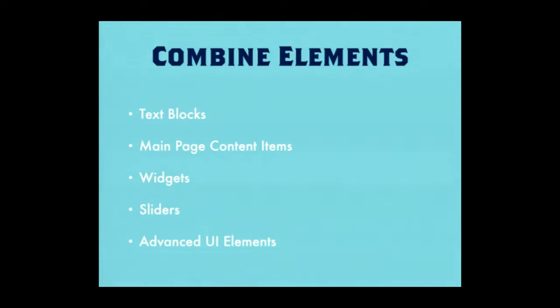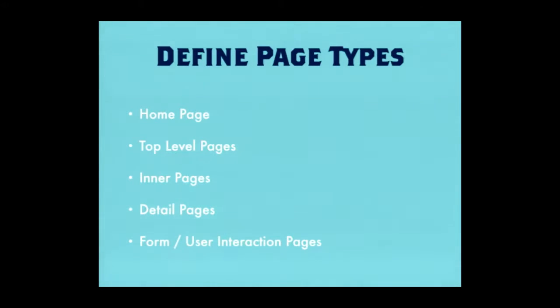We're going to have text blocks, main page content, widgets, sliders, advanced UI elements. It's just continuing this gradual process of building up and combining things to make bigger things. And you can really just keep taking this process up.